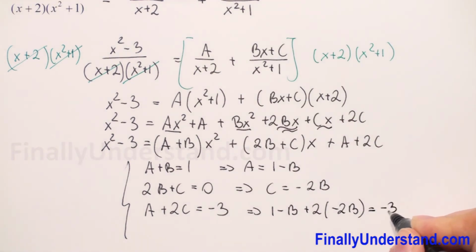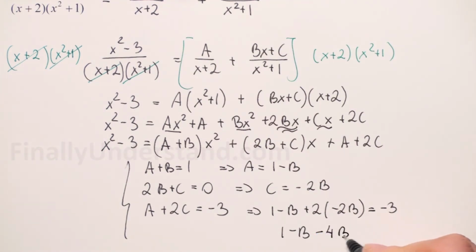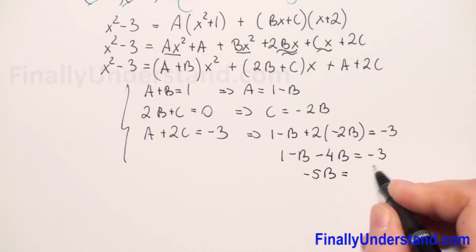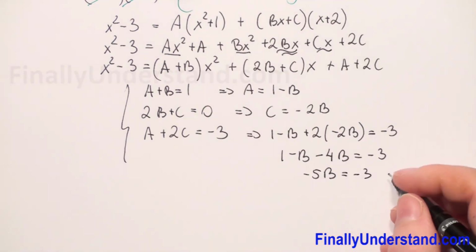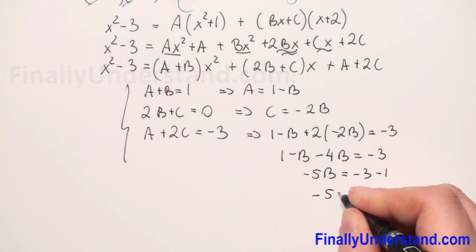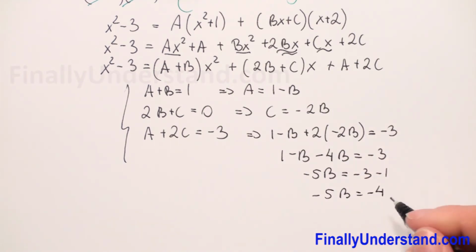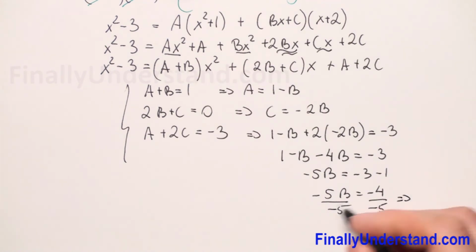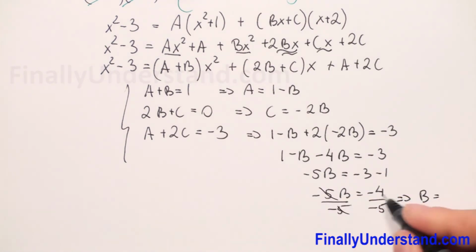This is equal to -3. So we have 1 minus b. Now we have to multiply 2 times -2b, which is -4b. This is equal to -3. Negative b and -4b is like -1b, so this is -5b. This is equal to -3. 1 I will move to the right side, so it will be -1. So -5b is equal to -4. Now I will divide both sides by -5. So we have that b is equal, negative over negative will be positive, 4 over 5.